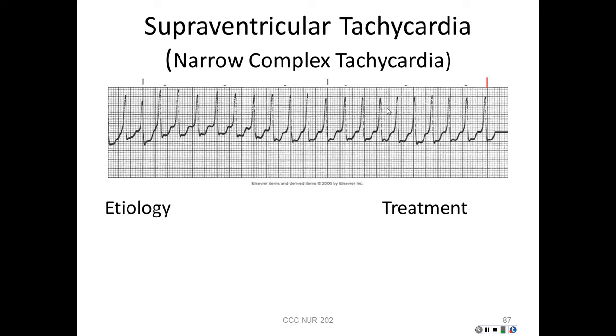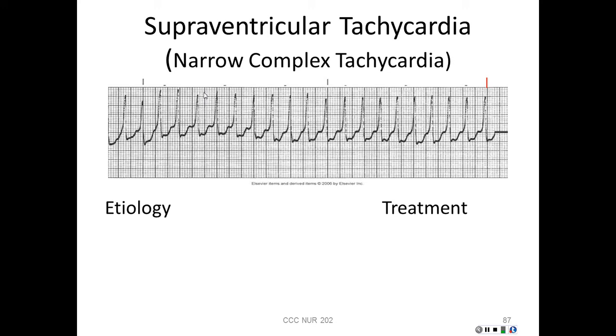So I really don't care whether you tell me it's a supraventricular or an atrial tachycardia. I need you to know that this is something that needs to be taken care of right away with these patients.